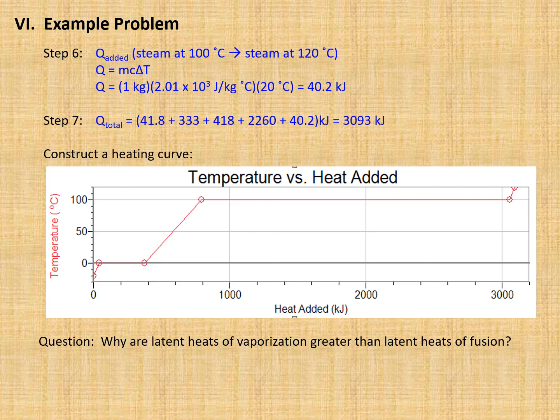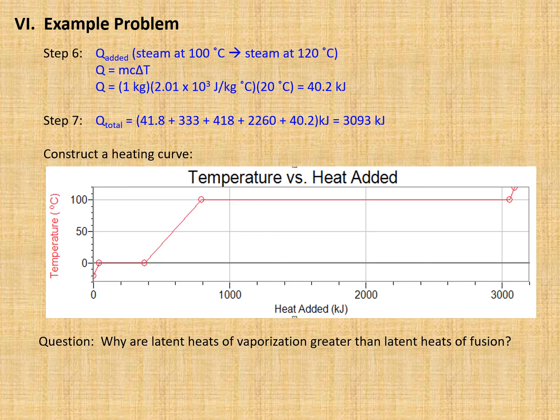Remember, what is the difference between a solid and a liquid and a gas? Generally speaking, it's the space between the particles. The difference in spacing between a solid and a liquid is not nearly as great as the difference in spacing between a liquid and a gas.